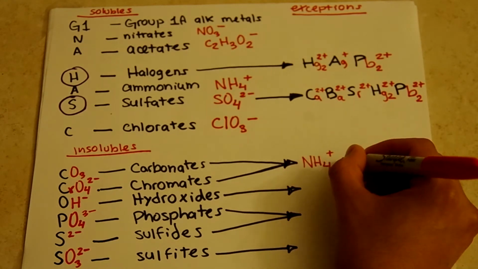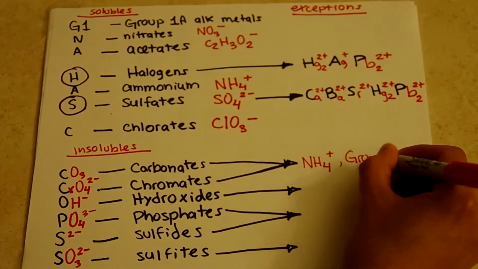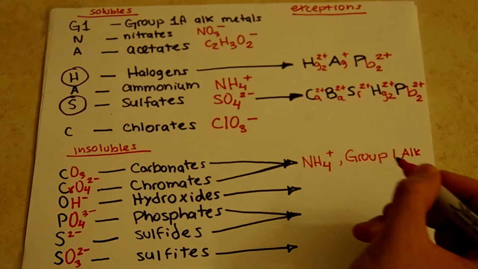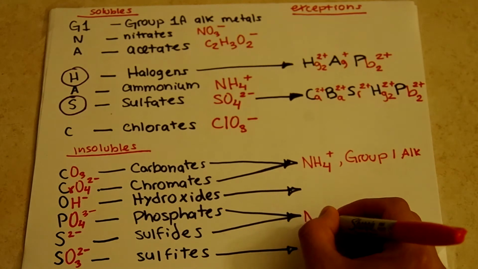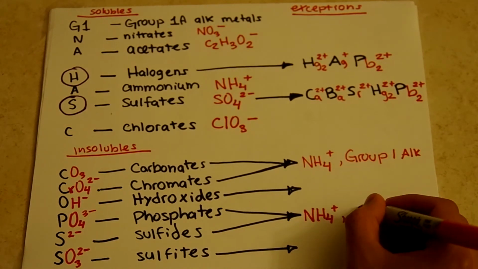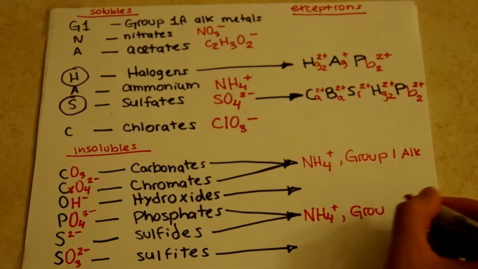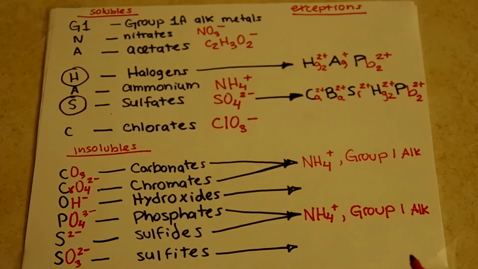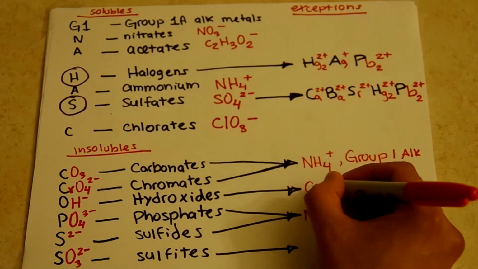So carbonates and chromates, the exception is going to be NH4 plus and your group 1 alkali metals. And like I said before, it's going to be the same thing for phosphates and sulfides. So they're going to have the same exceptions: NH4 plus and your group 1 alkali metals.